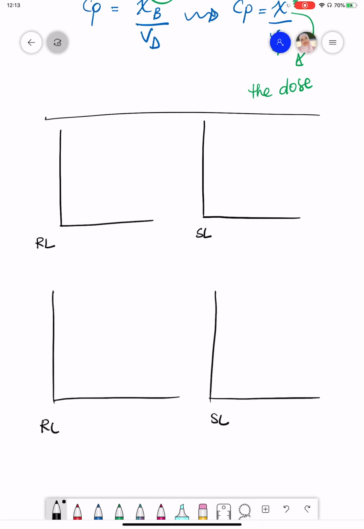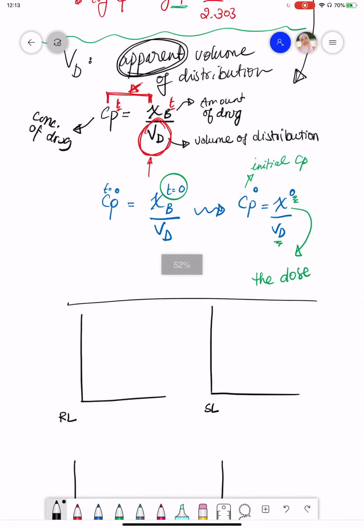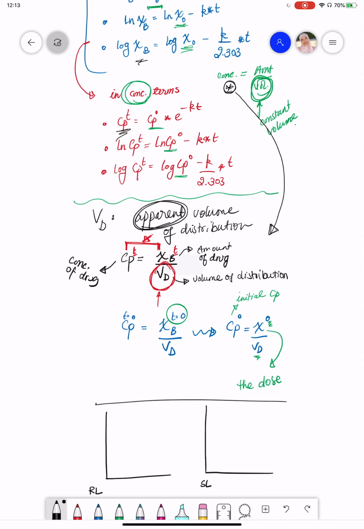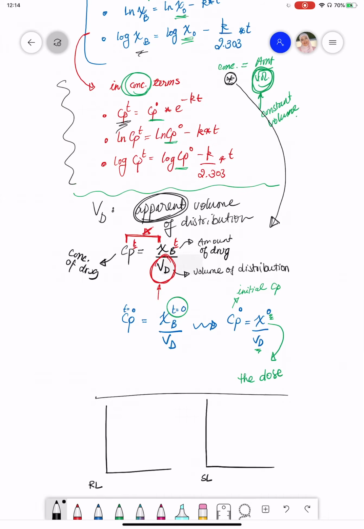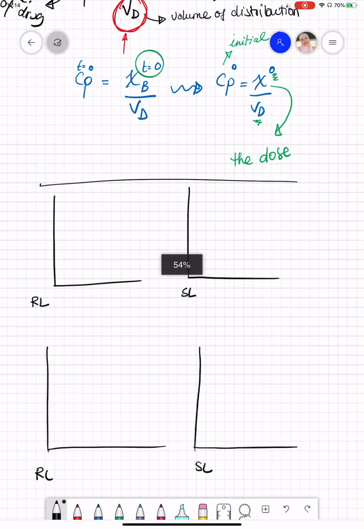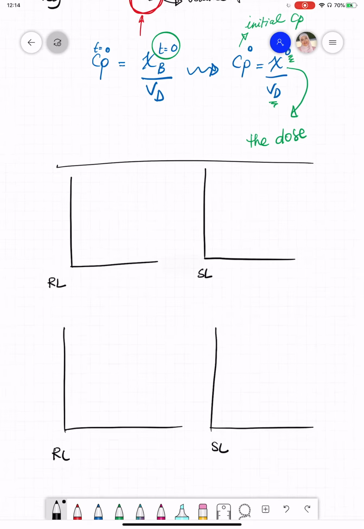And again, I will use the IV bolus one compartment model equation, but in concentration terms. I will not rewrite the equations, but you will have them here as graphs.